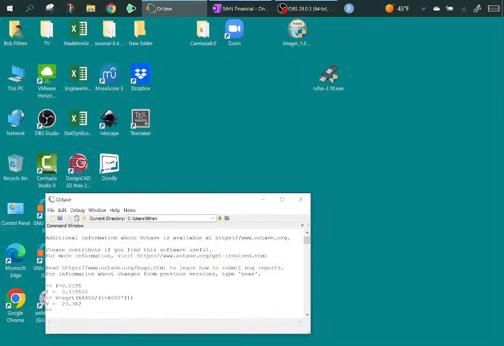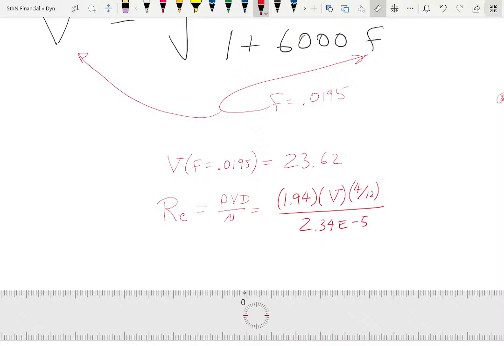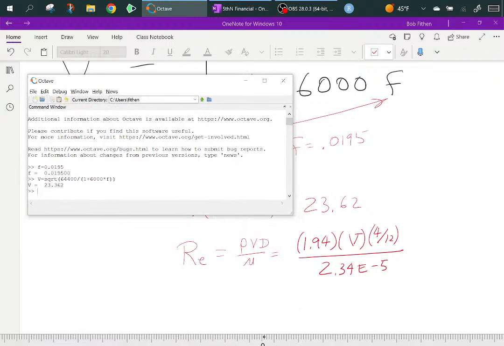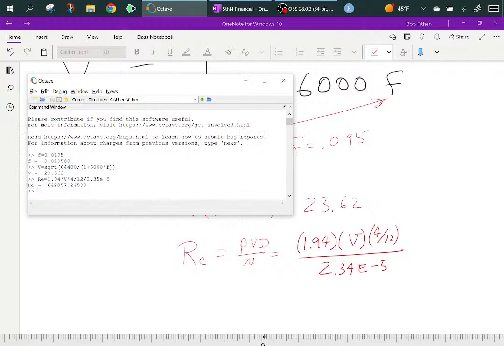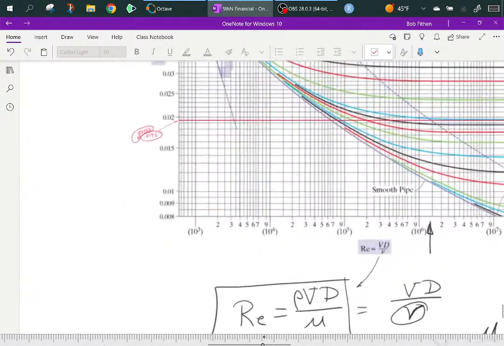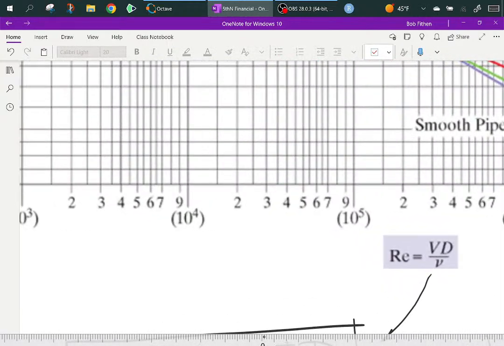So the Reynolds number is 642,000. I'll throw some of these digits away, because I'm not able to tell the difference that much.